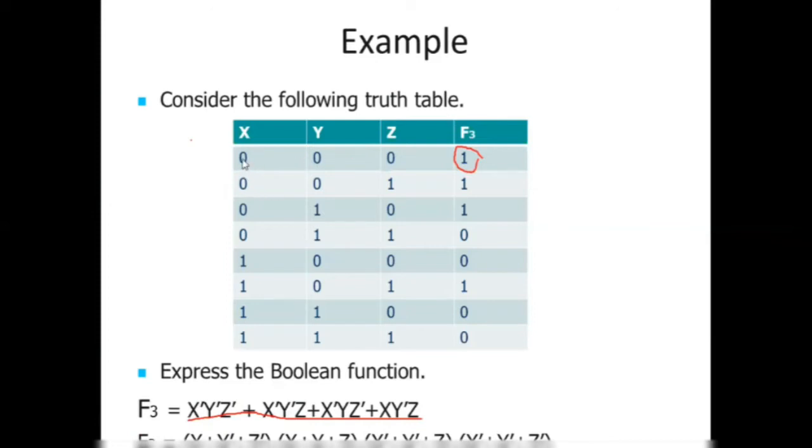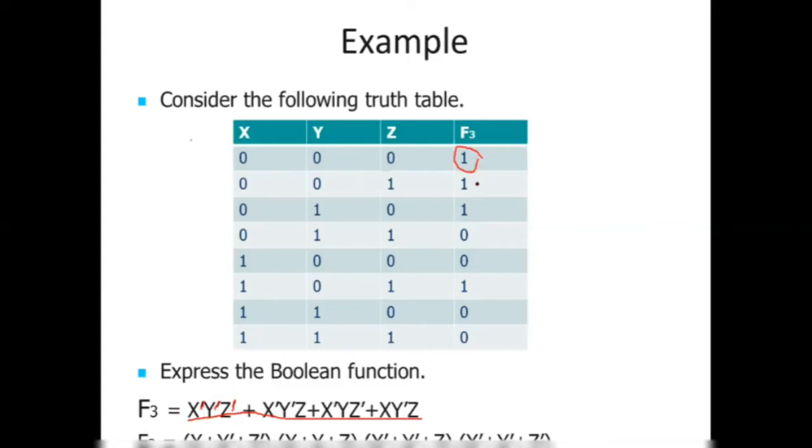You can see here we have zeros, so each and every variable needs to be primed, because in this position we have all the variable values 0. So we get x dash, y dash, z dash, the complement of x, y and z, if we see zeros in the min term.